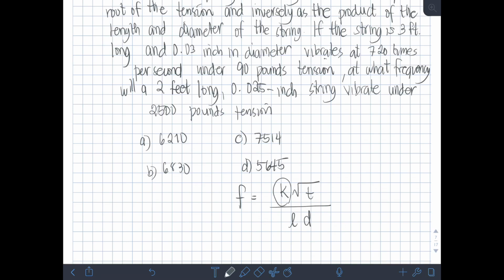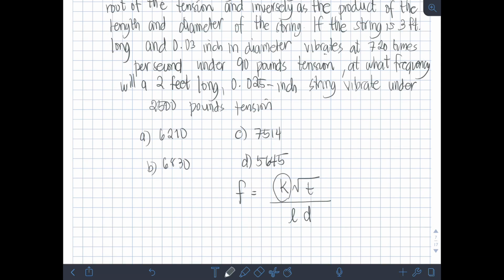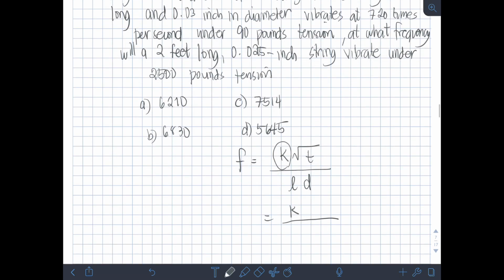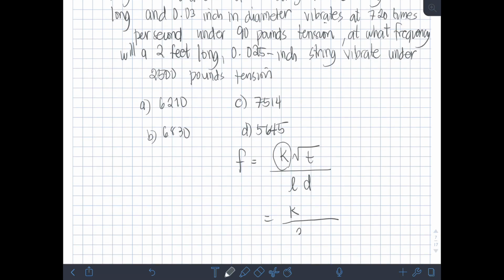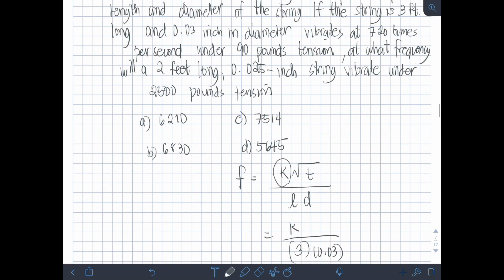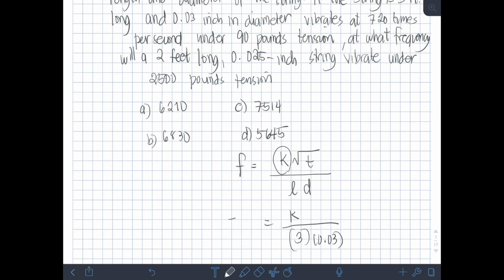Kailangan kasi nating ma-solve tong case. So, substitute natin. So, if the string is 3 feet long, so L is 3. And 0.03 inch in diameter, 0.03. Tapos, yung frequency, 720 times per second. So, 720. And then, 90 pounds tension. So, square root of 90.